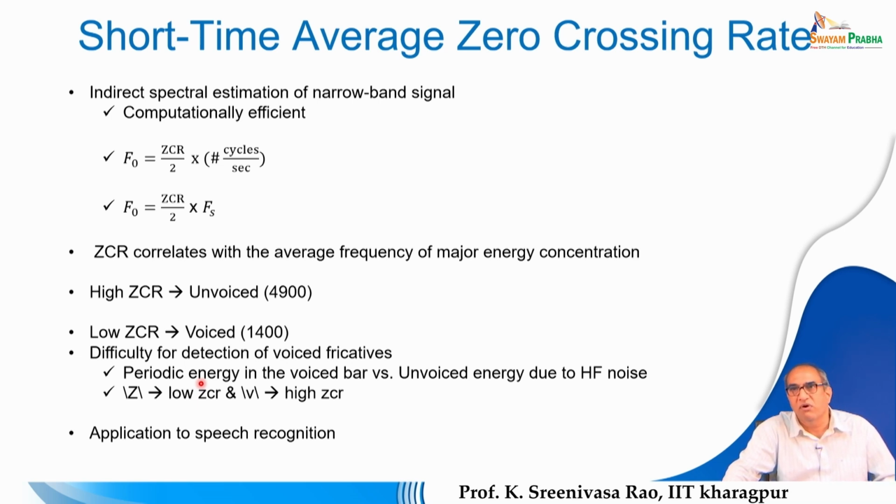Then we can wrongly view that segment as unvoiced, but it is actually a combination of both voiced and unvoiced, where the unvoiced component dominates. In the same way, sometimes an unvoiced segment where voicing is also present can be wrongly classified as a voiced segment. Knowing the ZCR can also be useful for speech recognition purposes.